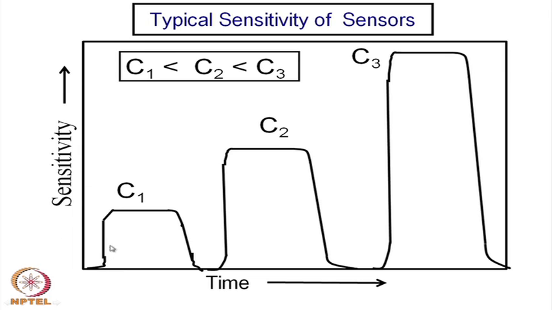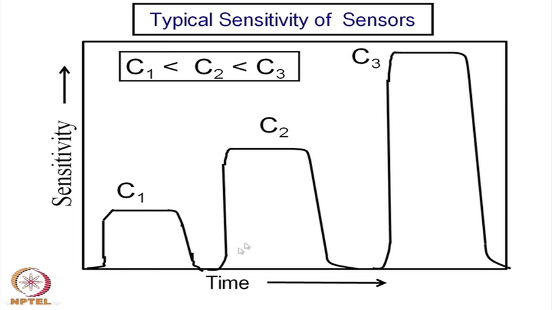Okay. So, this is C1 concentration, C2 concentration and C3 concentration of the same gas, maybe carbon monoxide, maybe some alcohol. C1 is less than C2 and less than C3. So, this concentration is less, so the overall signal intensity is less.